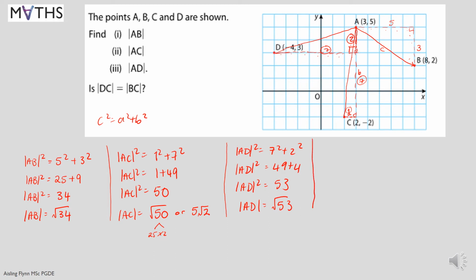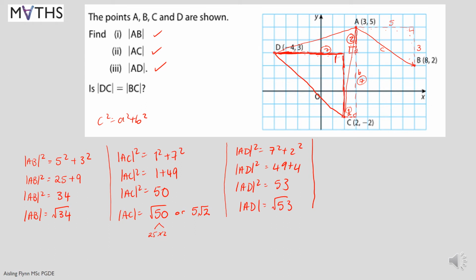Okay, so we've done parts 1, 2 and 3. Now the question: is DC equal to BC? Right, so now we've two more distances to calculate. So D to C is here. So we want to create a right angle triangle. If I go from left to right, I'm going across the top here, from D until I'm in line with C, and then down.